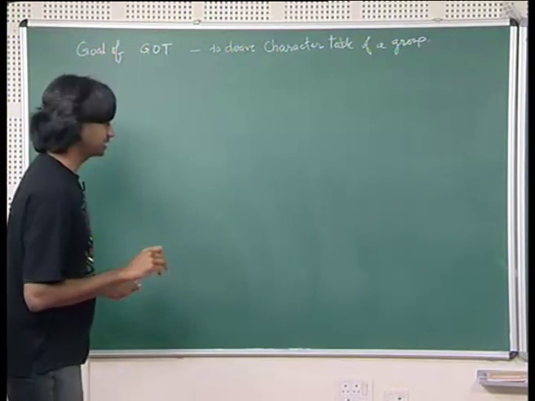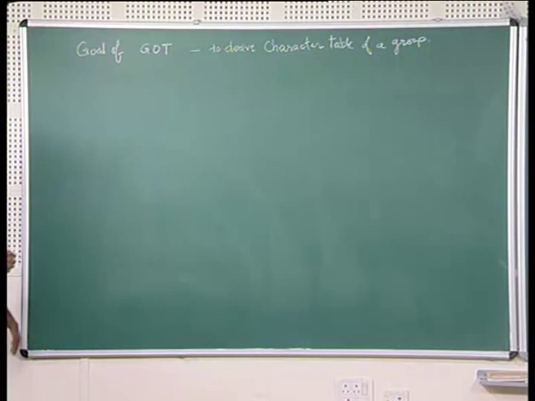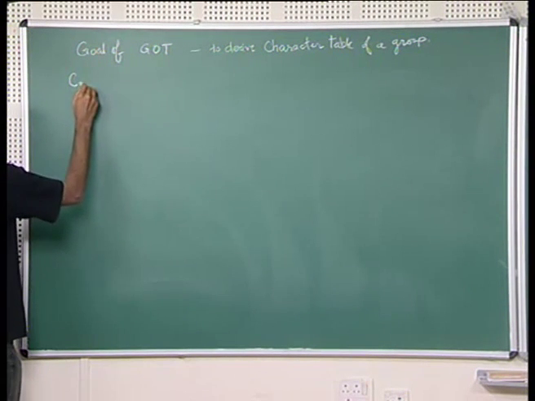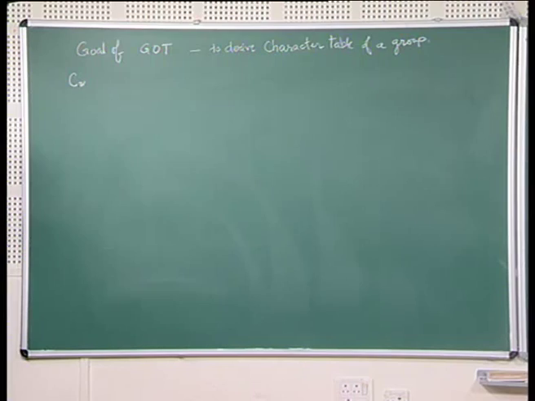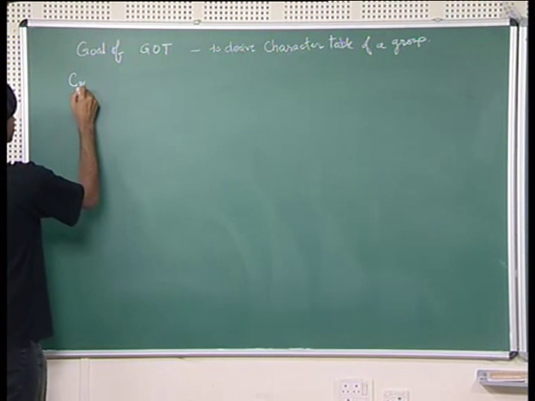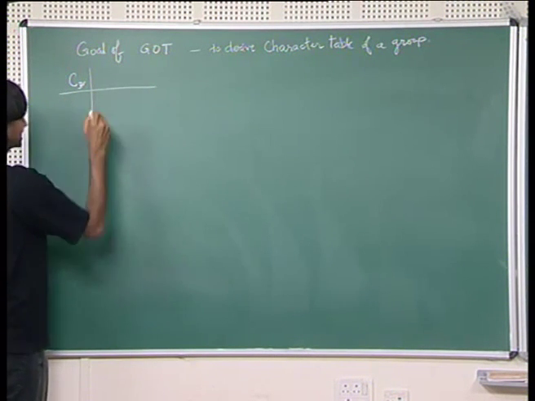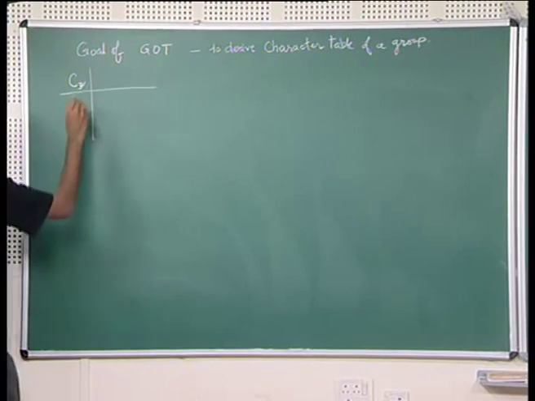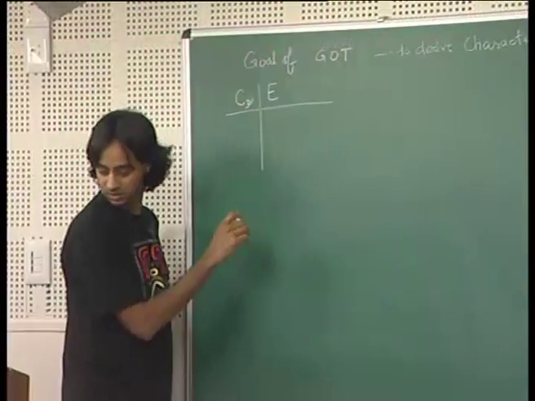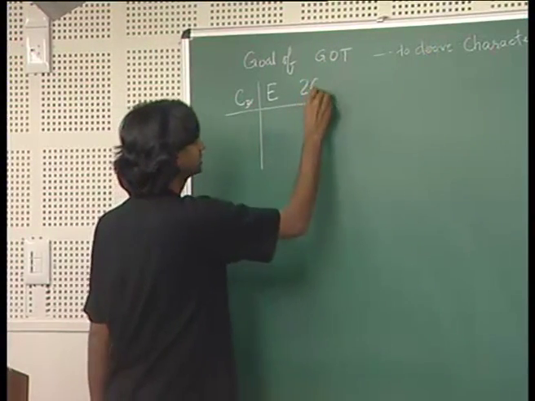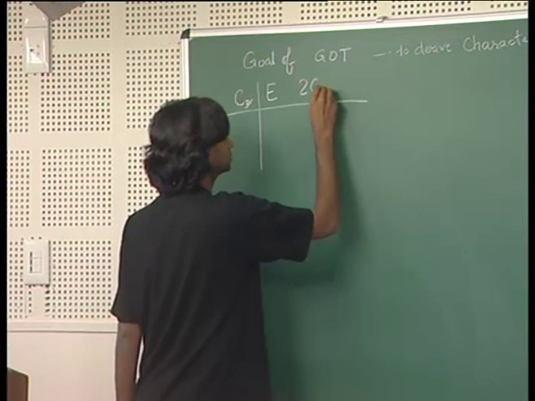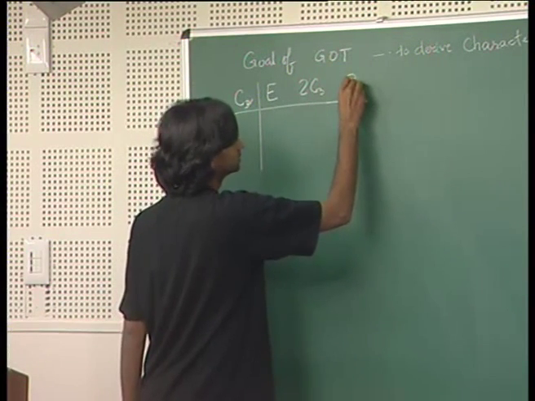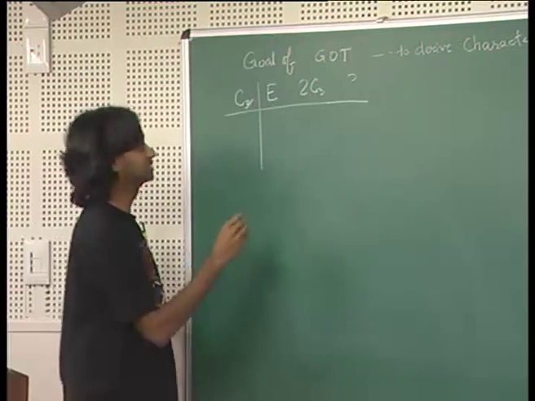If you look at the character table of any group, for example, if you look at C3v, now if you see the character table in any book, you will see this as E, 2C3 and 3 sigma.